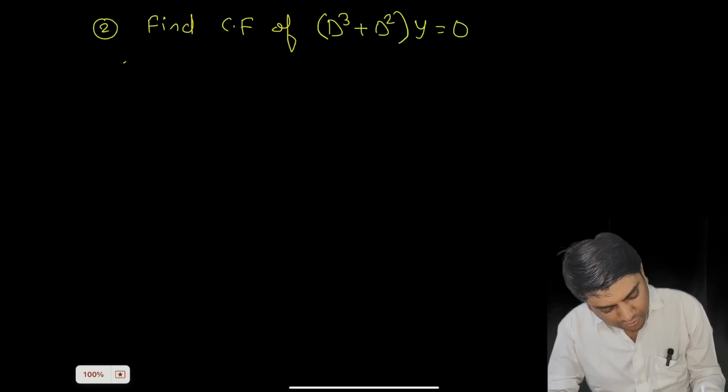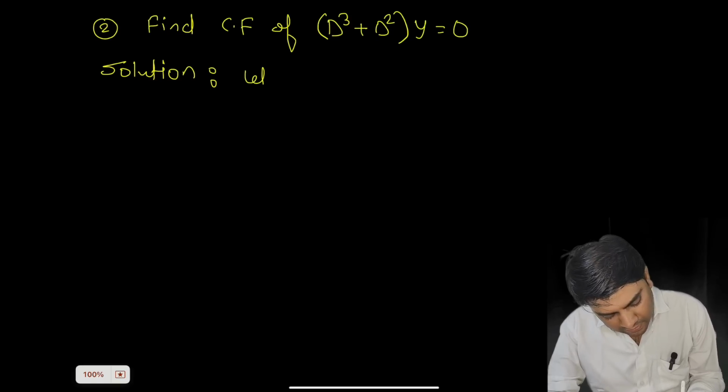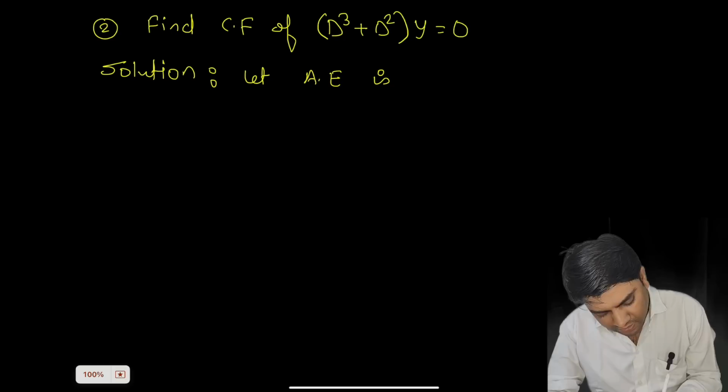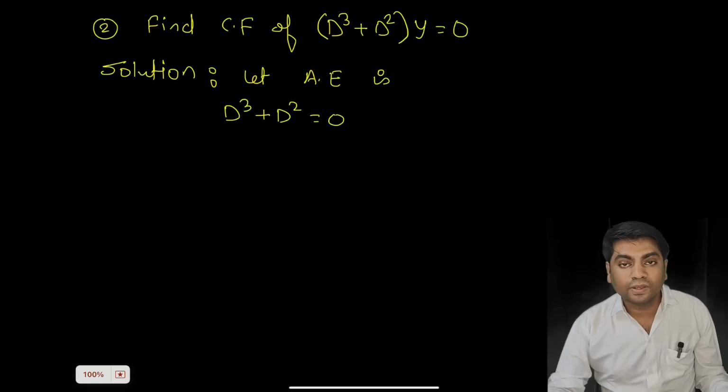Okay, so solution: let the auxiliary equation be d cube plus d square which is equal to 0. Okay, this is our auxiliary equation.